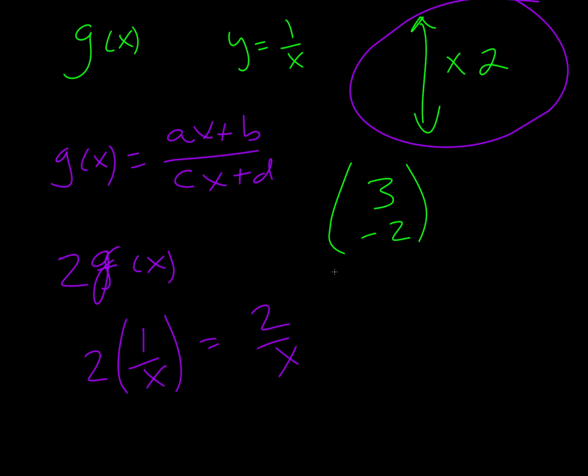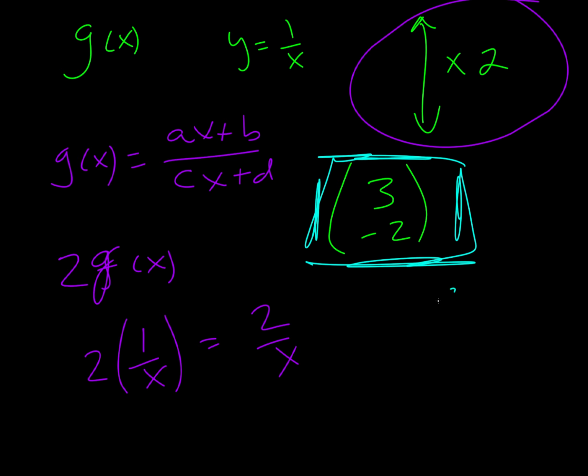Now, if we translate it using this thing, g of x is going to be, because this is like an x and this is a y, and so if we want it to move to the right 3, it shows up as a negative 3 here. If we want it to move down 2, it shows up as a negative 2 on the outside.